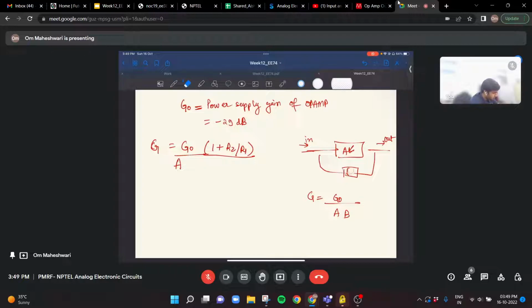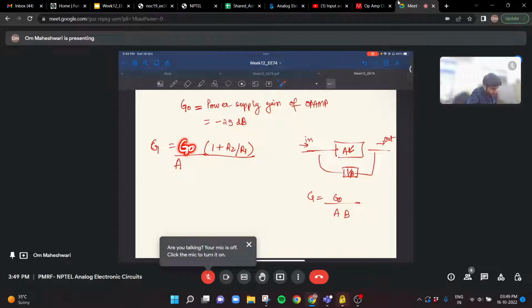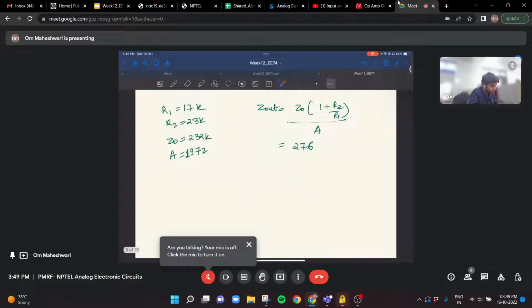It should be like this, 1 by B. So when this gain was open loop, similar to what we did here, this Z naught was divided by this and multiplied by this, divided by the open loop gain multiplied by the feedback gain.